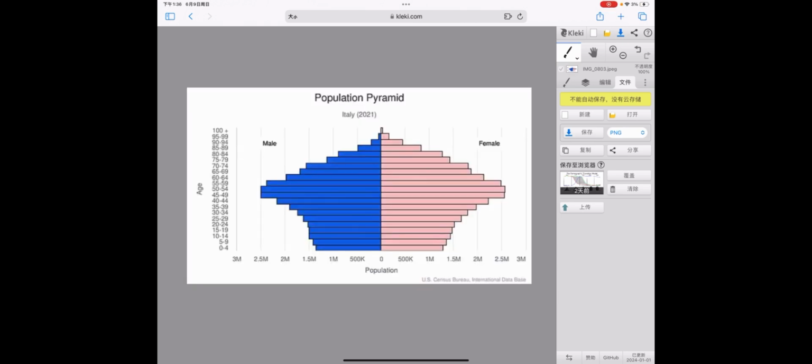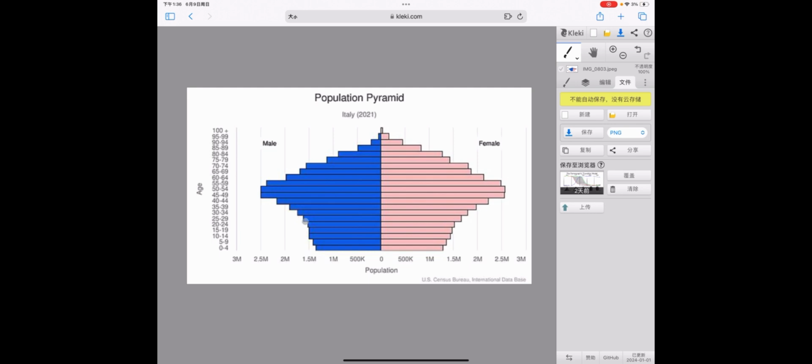We can see a different thing when we look at the population pyramid of Italy. Nigeria is a developing country, while Italy is a developed country. And developing countries often have more births than developed countries.